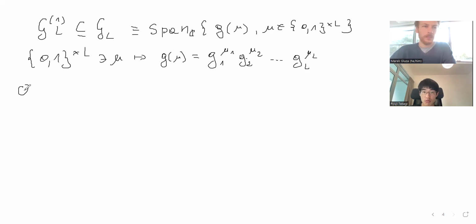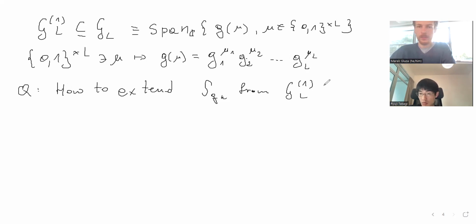So now the question is how to extend this integral g k from the domain g1 to g l. And again, we will need to get some more consistency relations, and what we will arrive at is those anti-commutation relations for Grassmann integrals.